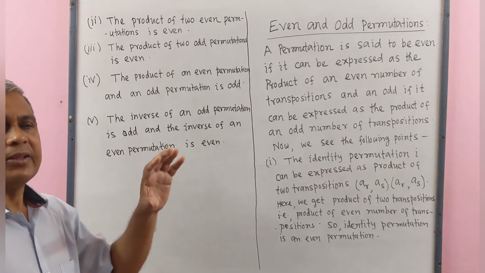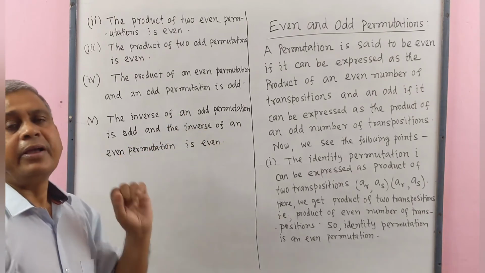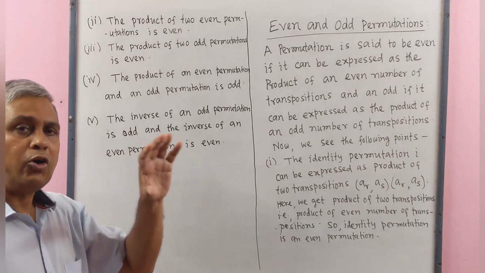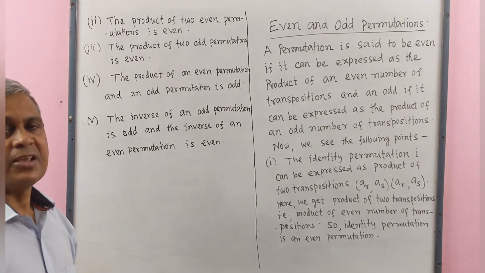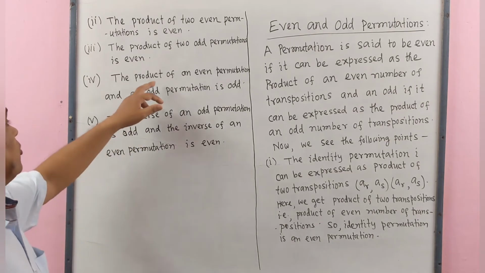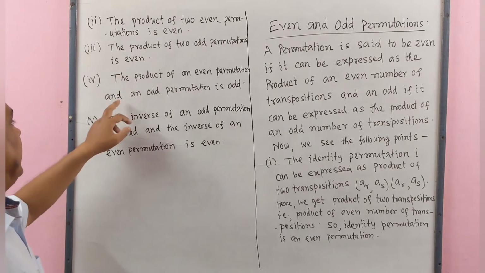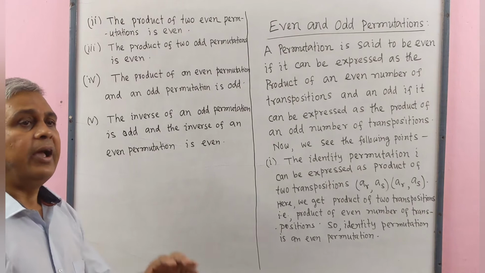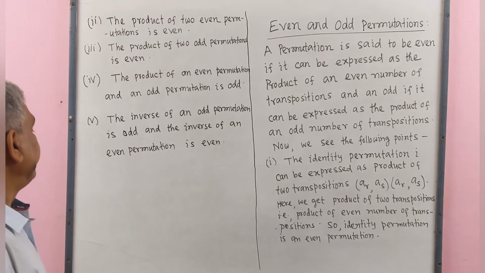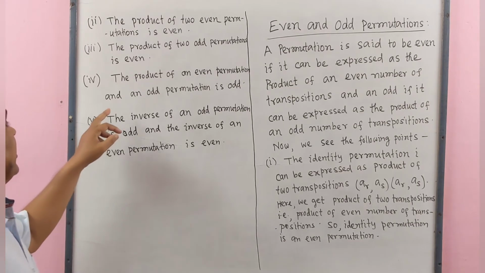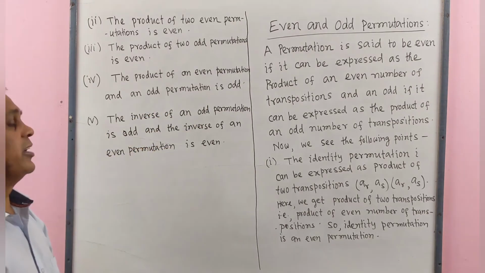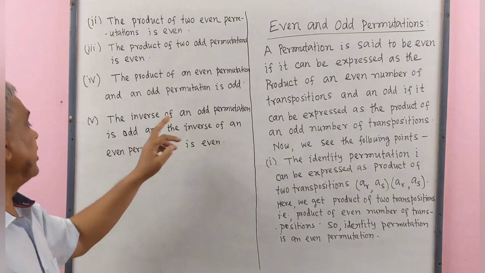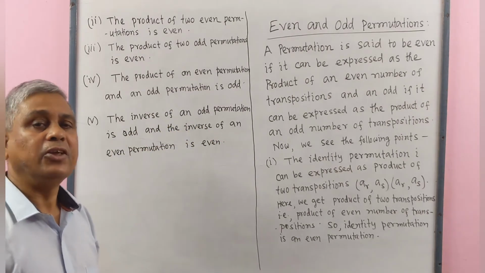So altogether they will have even plus odd, means an odd number of transpositions. So the product of an even permutation and an odd permutation is an odd permutation. Number 5, the inverse of an odd permutation is odd and the inverse of an even permutation is even.